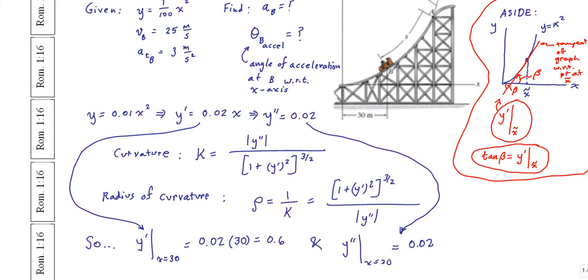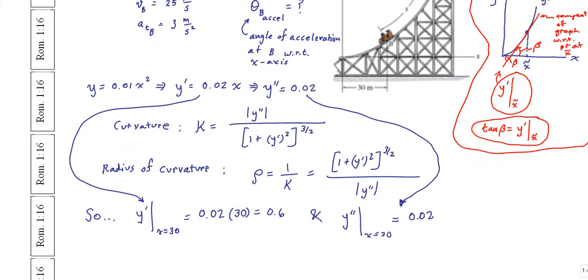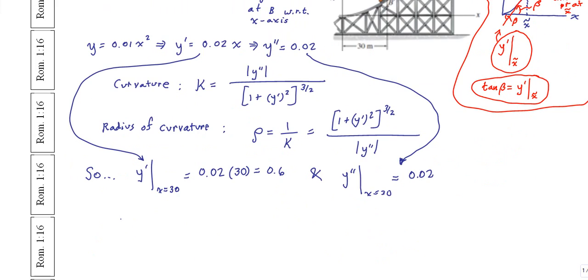All right, very good. Now we have these pieces of information, and I can find the radius of curvature at that point B. So therefore, the radius of curvature at point B is exactly what we were talking about. It's 1 plus y prime squared, y prime is 0.6 squared. All of this is raised to the 3/2 power, and y double prime is a positive constant, so it's just 0.02 on the bottom.